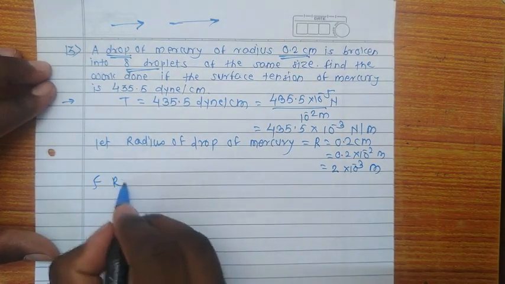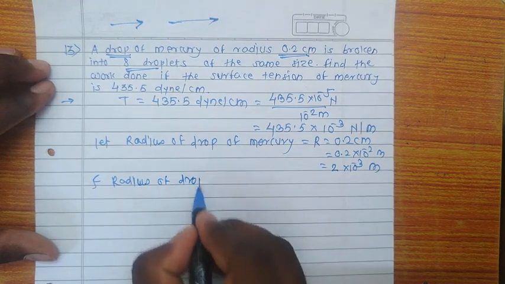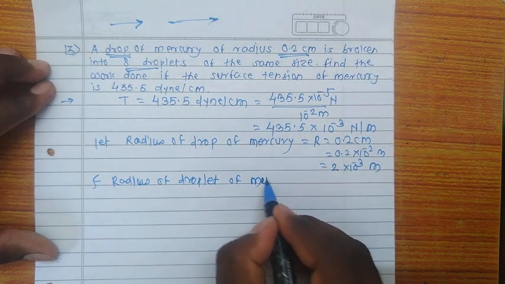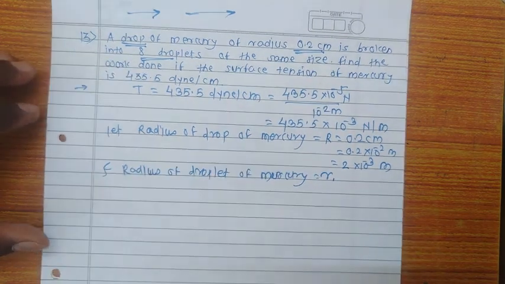And radius of a single droplet of mercury is equal to small r. We will find the value of small r first.